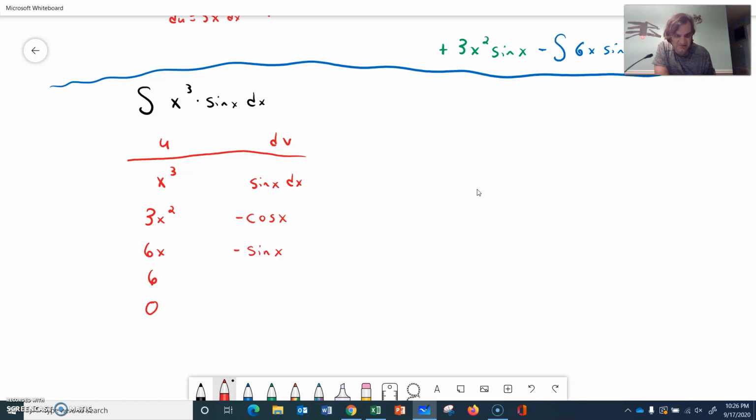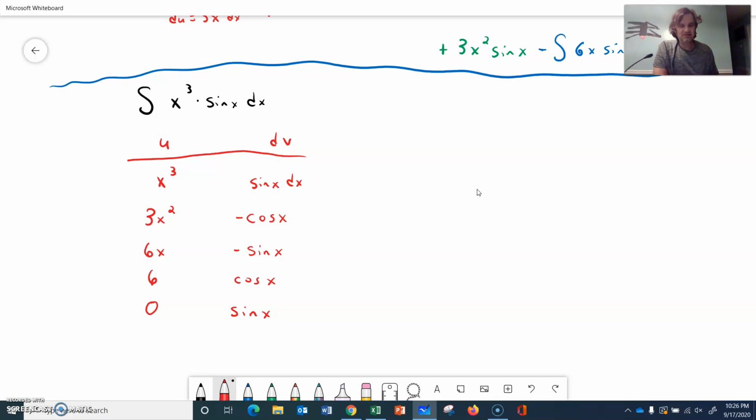Integrate that again, it'll be positive cosine of x. And integrate again, it will be a positive sine x. You can check this backwards: the derivative of sine is cosine, the derivative of cosine is negative sine, the derivative of negative sine is negative cosine, and the derivative of positive cosine is negative sine, so I change the sign.